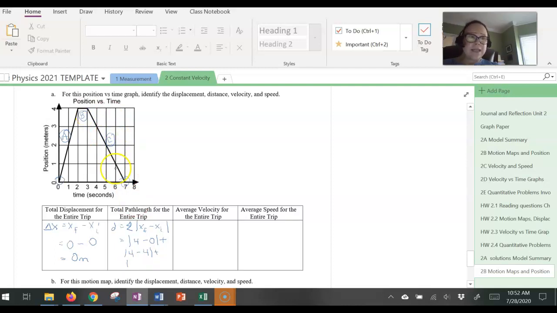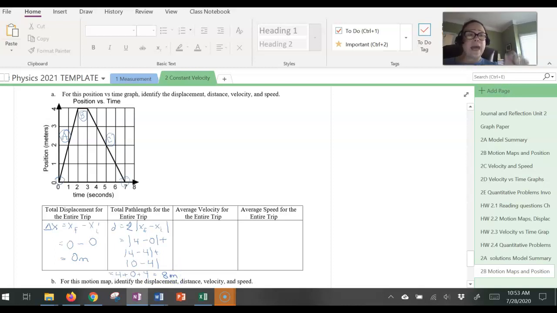In the last part of this trip, when it's moving in a negative direction, it ends at a position of 0, but it began at a position of 4. So when I add these up, I have 4, it moved 4 meters in the positive direction, then it paused, so that was 0 meters in the middle, and then it moved 4 meters back in the negative direction. So the total distance moved was 8 meters.